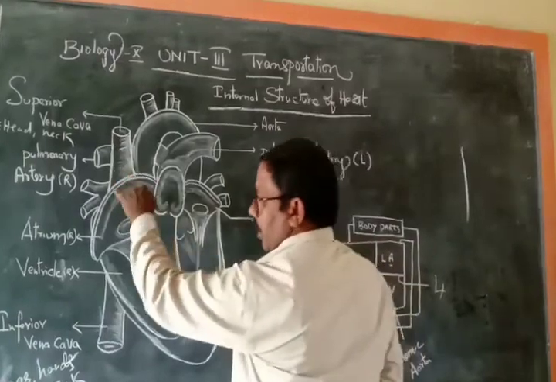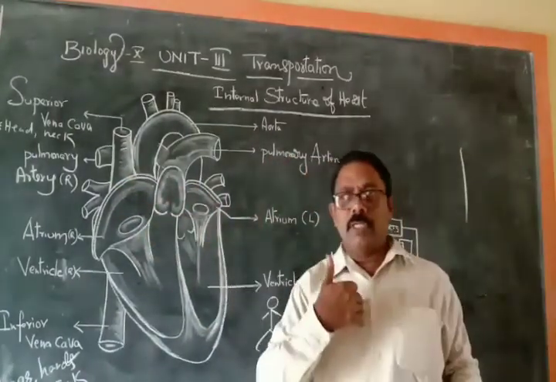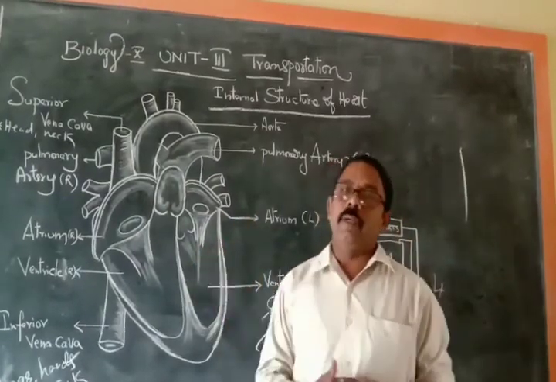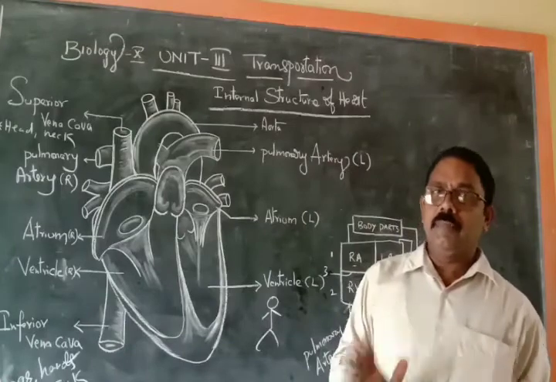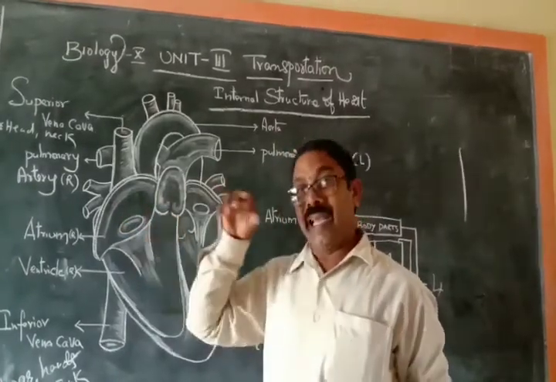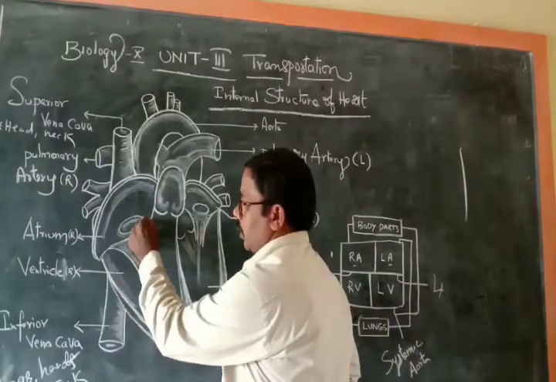Then the blood flows from the right auricle. The blood on the right side of the heart is always deoxygenated blood. The blood is sent through the tricuspid valve. The valve is here. This one is the tricuspid valve.